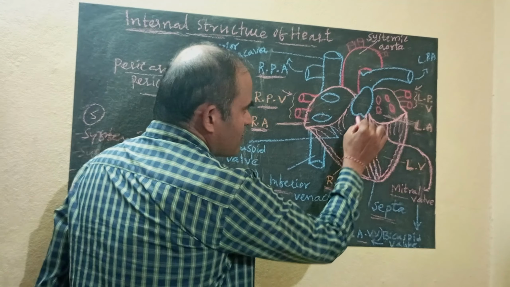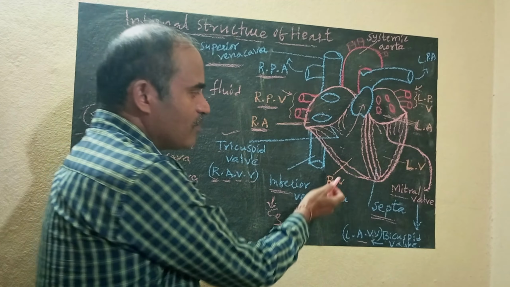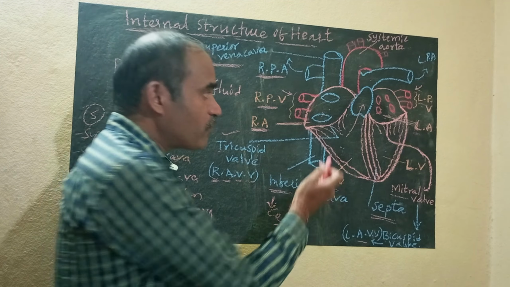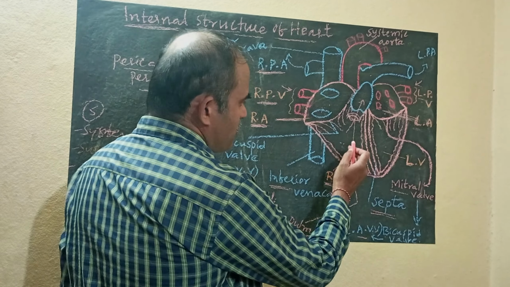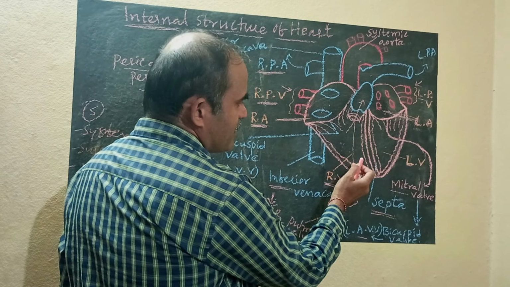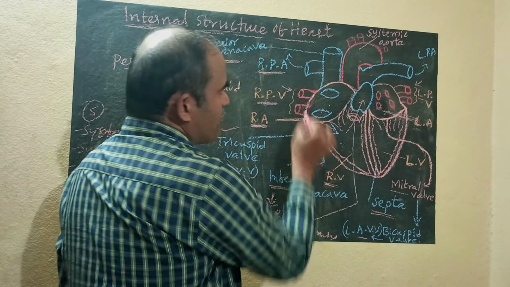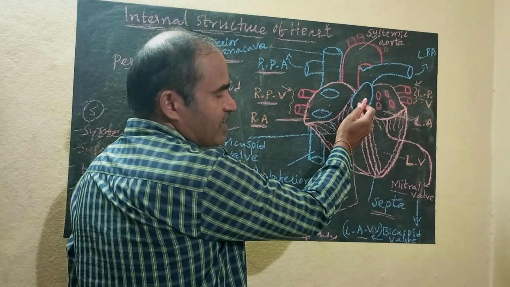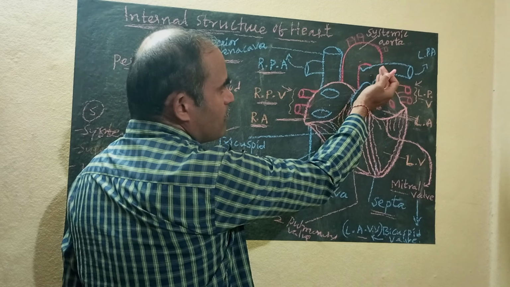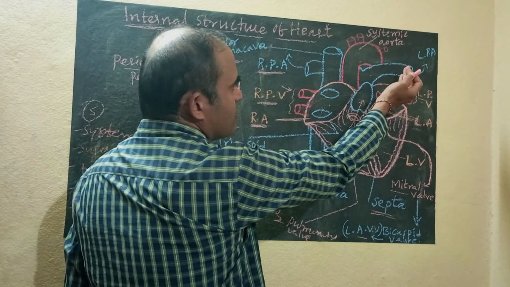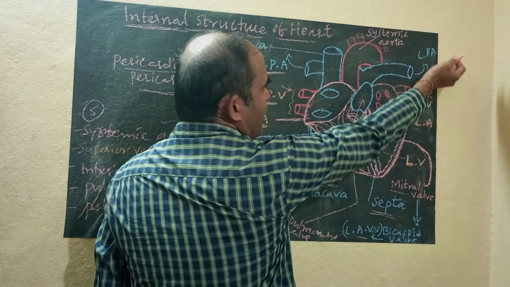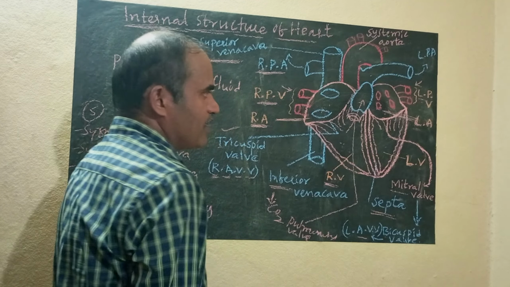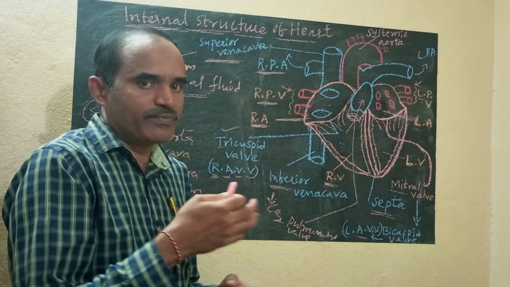The pulmonary artery divides into two blood vessels: the right pulmonary artery on the right side and the left pulmonary artery on the left side. They carry the blood towards the lungs for purification.